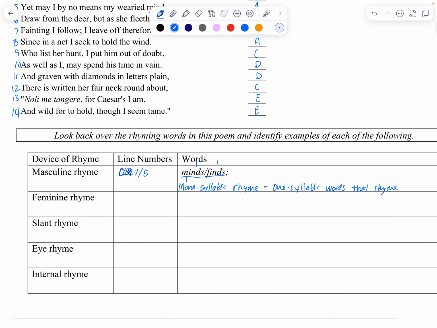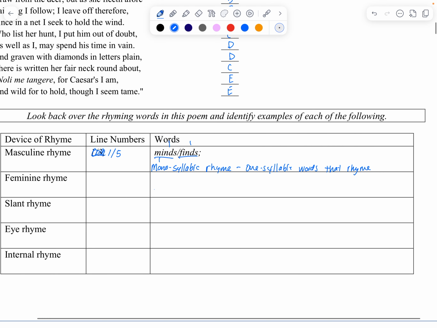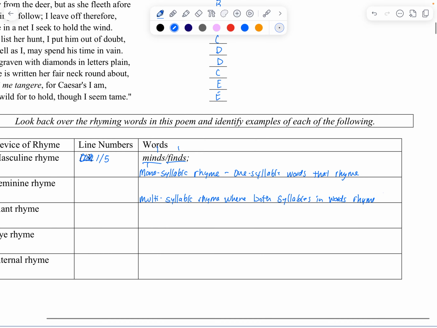A feminine rhyme is going to be a multi-syllabic rhyme where both syllables in words rhyme together.